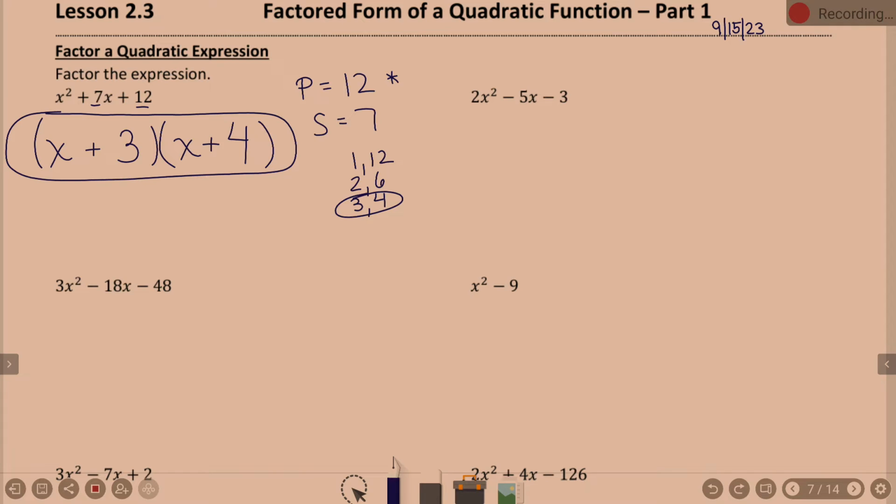There's a 2. Because there is a 2 out front, basic product of AC doesn't work anymore. Okay? So we have to go for a different technique. Now, you guys probably would have had Mrs. Rogers teaching X method here.